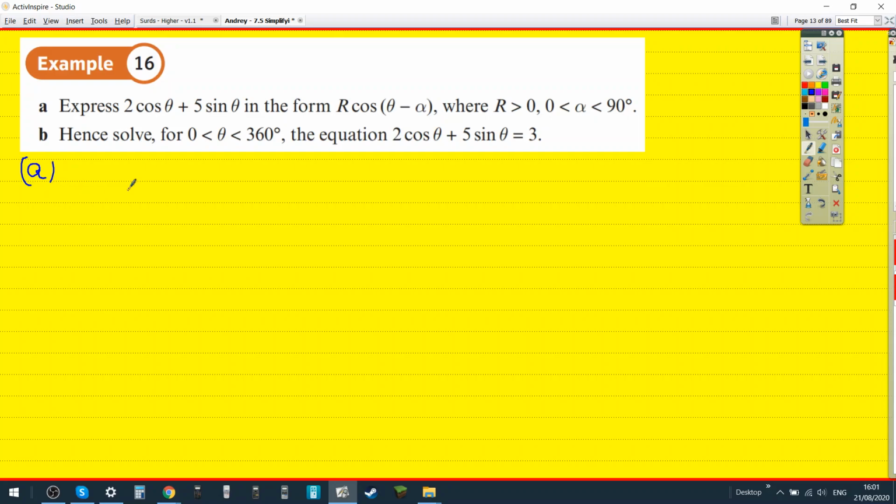Do I need to convert the cos thetas and sine thetas into something? Yep. So into the form r cos(theta minus alpha).